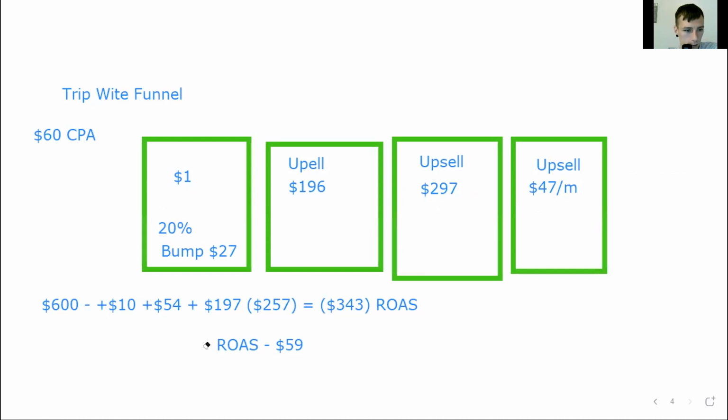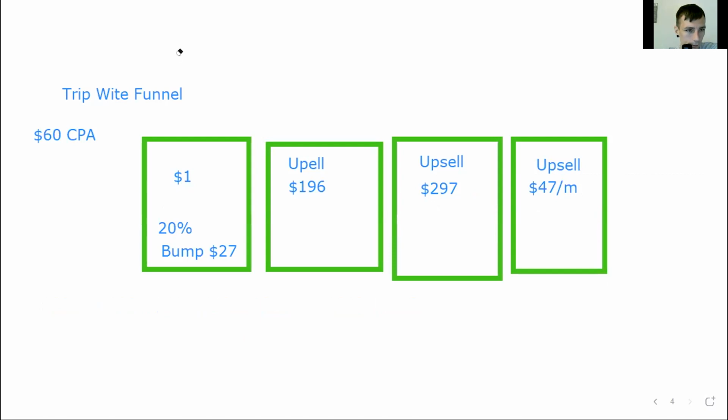So I'm just going to erase this again and we'll write this out. In order to get 10 sales at $1, we need to spend 600. Now these numbers might be different, but this is just to give you an idea.